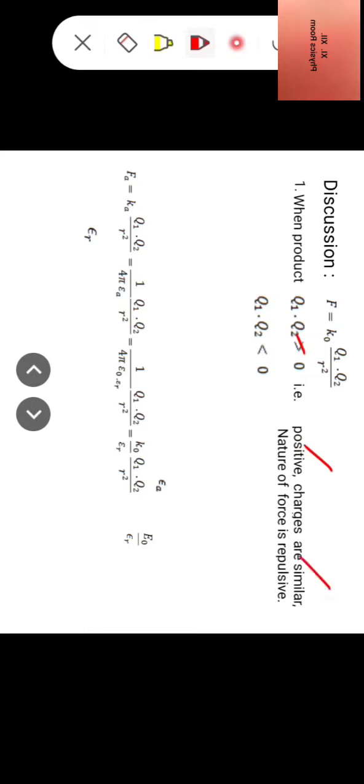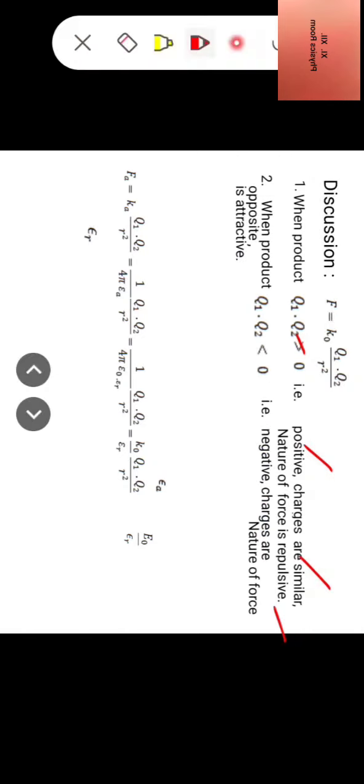Second, when the product Q1 Q2 is less than 0, that is negative, then charges are opposite in nature and the nature of force is attractive.